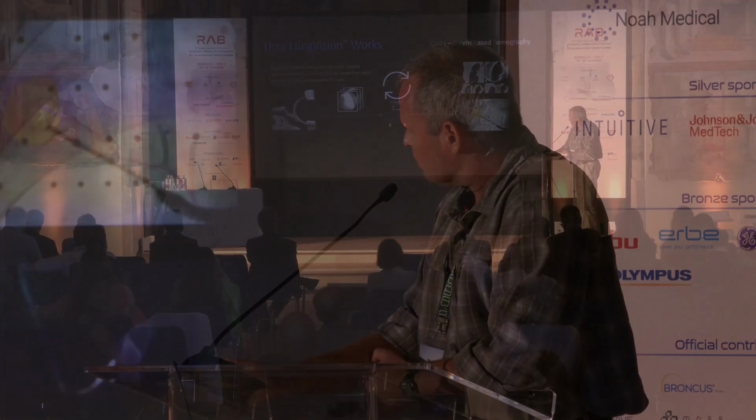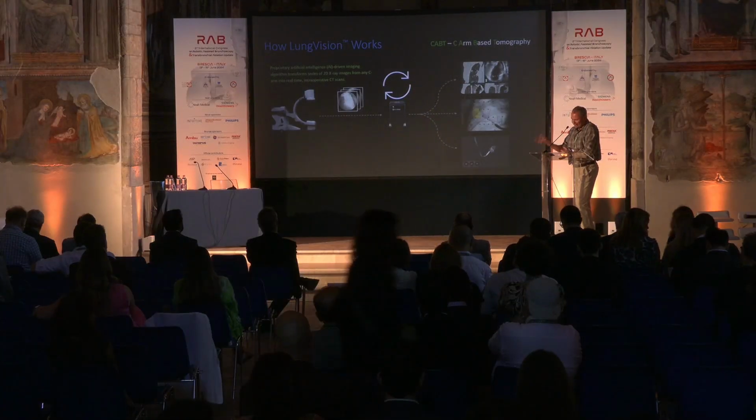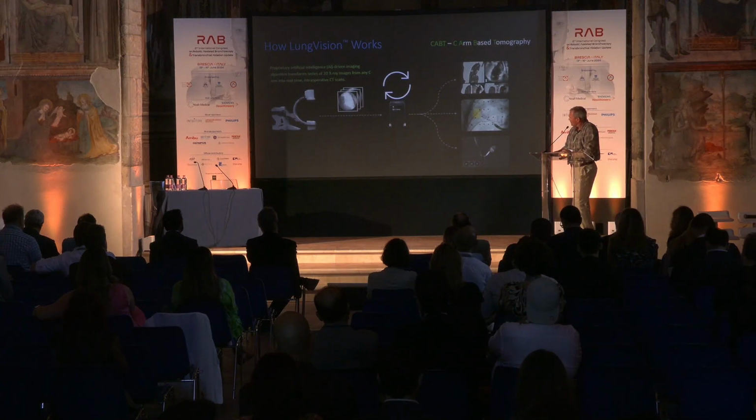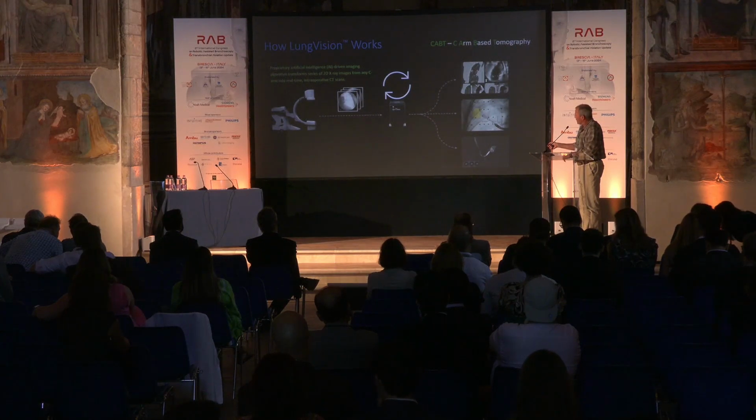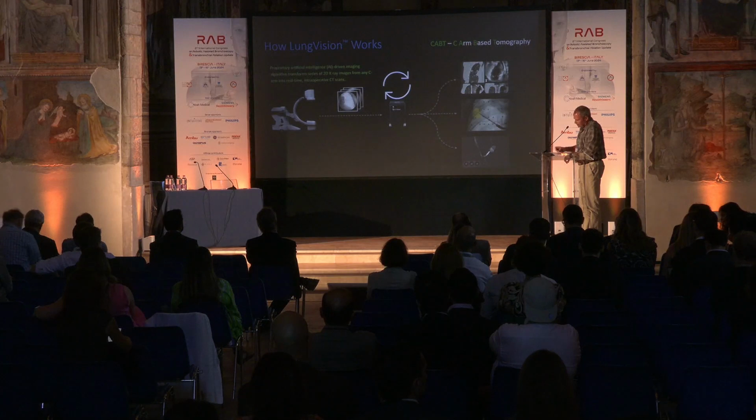How does LungVision work? It's an artificial intelligence-driven imaging system that can take a series of 2D X-ray images from any C-arm in real time and give you all the products that you see here. This is the brain, the AI system, and you will have augmented fluoroscopy with the airway in this case, tool and lesion, and 3D imaging.